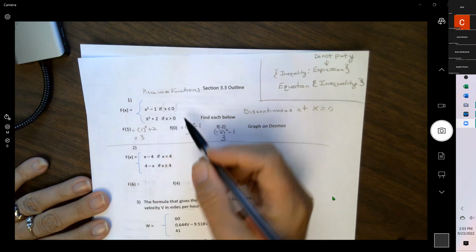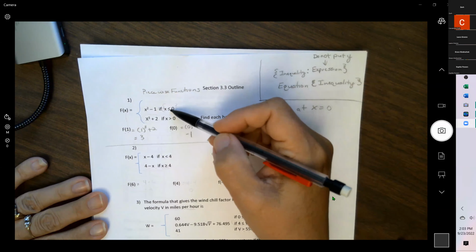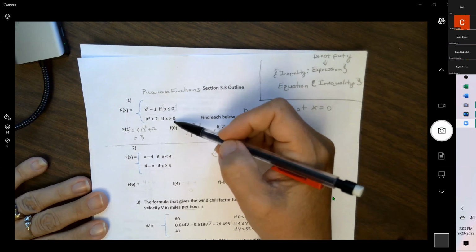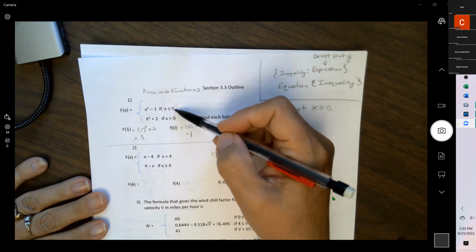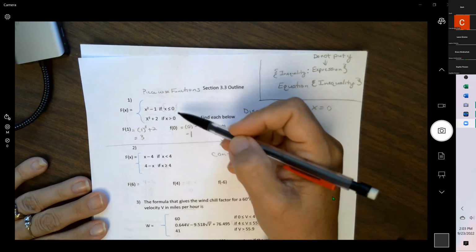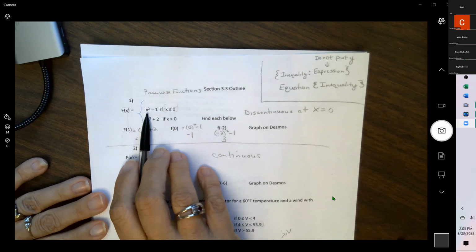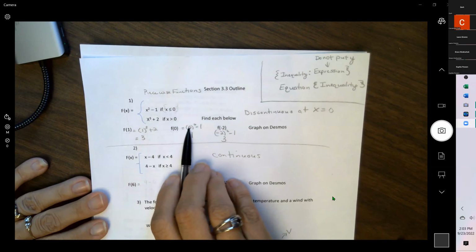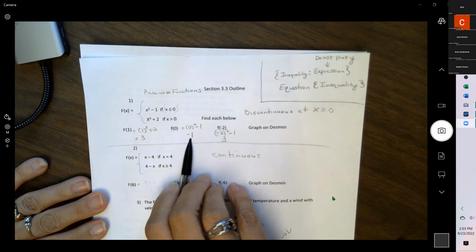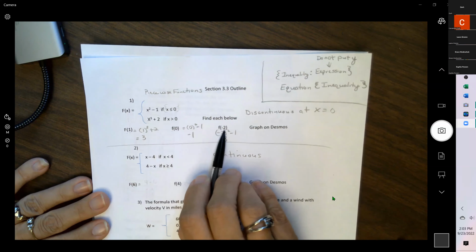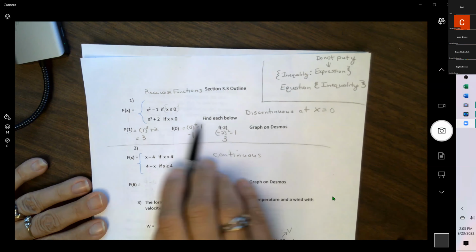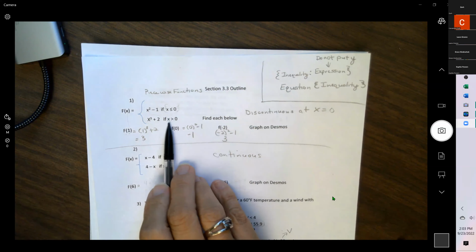F of 0, again, we look here. This one has the equal to 0. This one does not. So it's the top one. And then you just plug into the top equation. 0 squared minus 1 is a negative 1. So negative 2 is not greater than 0.